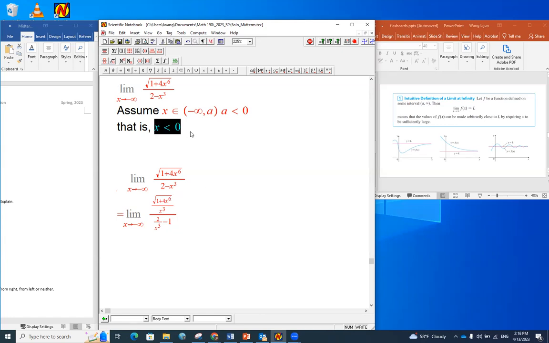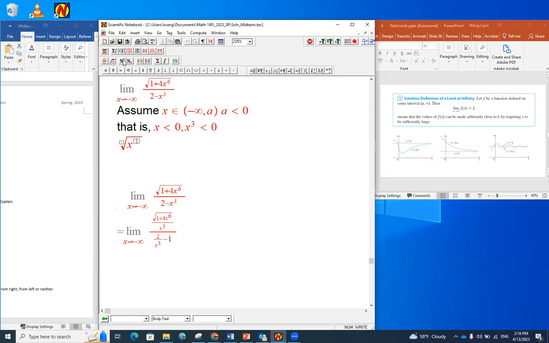Because x is negative, x raised to the power 3 is negative, right? And the square root of x raised to the power 3 squared, this negative number being squared, is equal to negative x raised to the power 3.